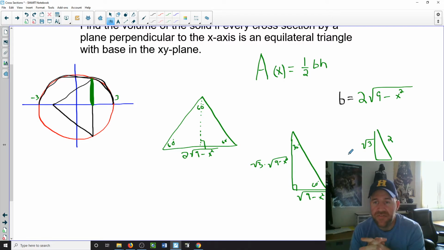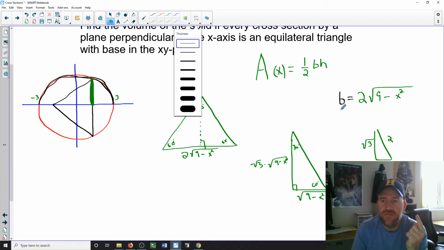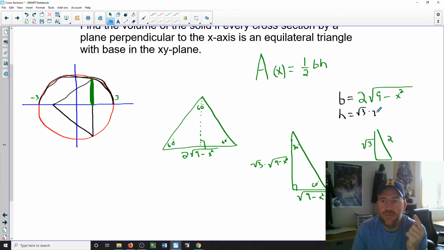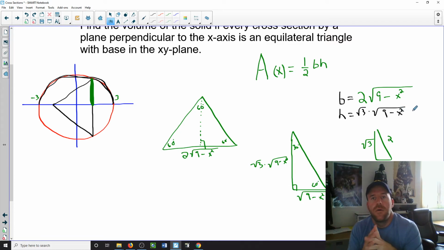That's why I wanted to make a separate video. We should have all of the pieces of information that we need. The h value we just found is root 3 times our function.